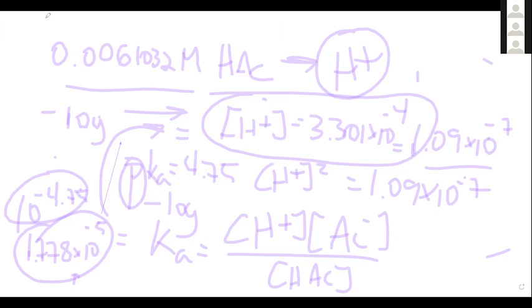So when you're trying to figure out the pKa, you take the log and then you put a negative in front of it. When you're going the other way, from the pKa trying to get the Ka, then you're raising 10 to that power. You're not doing the log, you're doing the anti-log. The anti-log is 10 raised to minus 4.75, because the minus log of 10 to the minus 4.75 is 4.75.